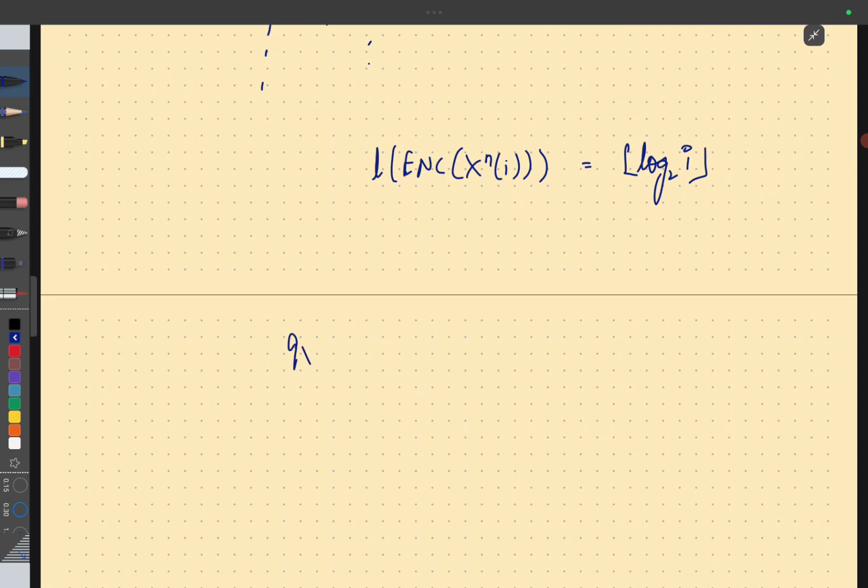So Qxn of the ith sequence is going to be less than or equal to 1 over i, because they're sorted according to Qxn, right? Or in other words, i is less than or equal to 1 over Qxn of xn of i.